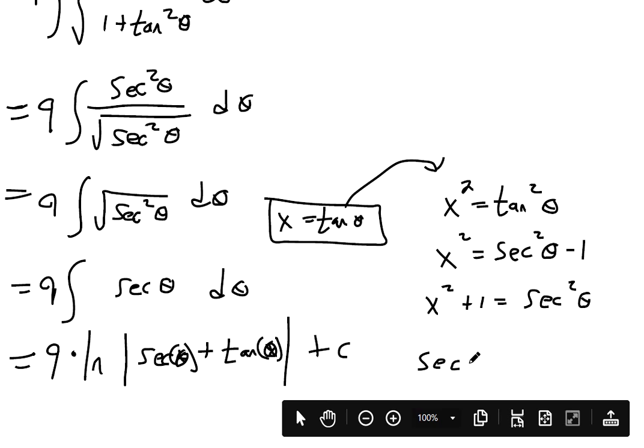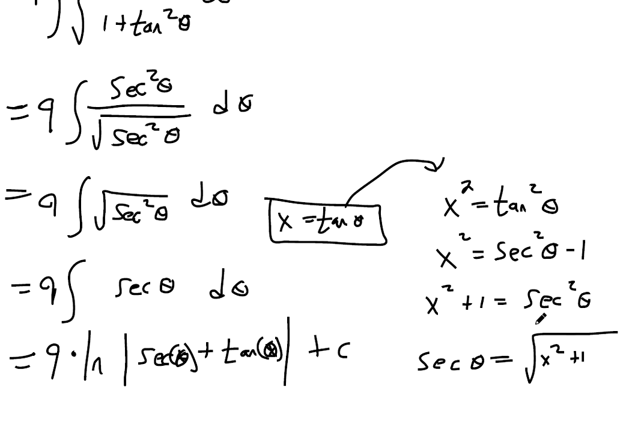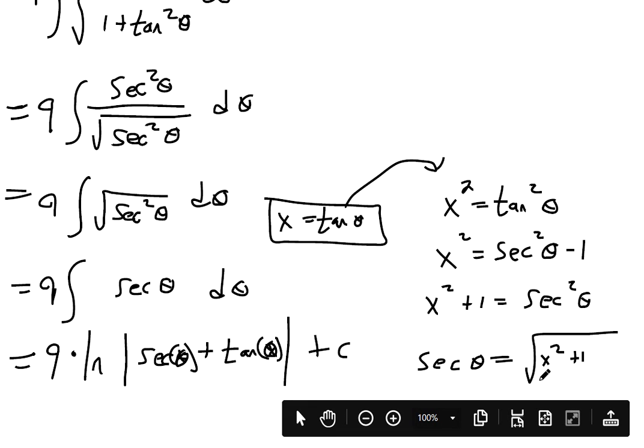To finish this out, this is the square root, and we should be saying absolute value, but again, we're making that assumption that we're only dealing with the domain for which the function would be positive in its range. So secant theta is the square root of x squared plus 1. Now we have something to substitute here in terms of x.